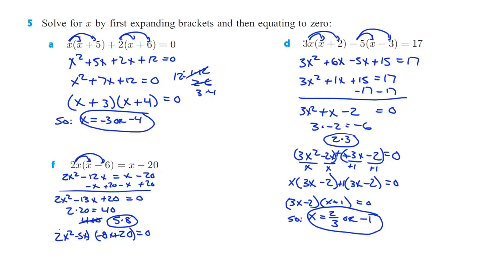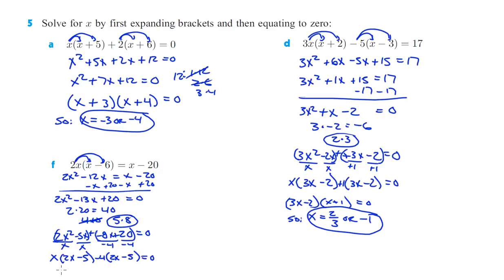Group the first two and the last two and factor. You can get an x out of both of these. We're left with 2x minus 5. And over here we've got to get the negative out. So let's see, 8 and 20 both have a 4 in common, right? So factor a negative 4 out of both of those, and you get negative 4 times 2x, and 20 divided by negative 4 is negative 5, equals 0.